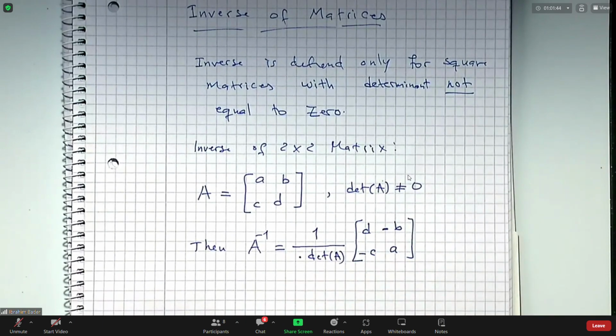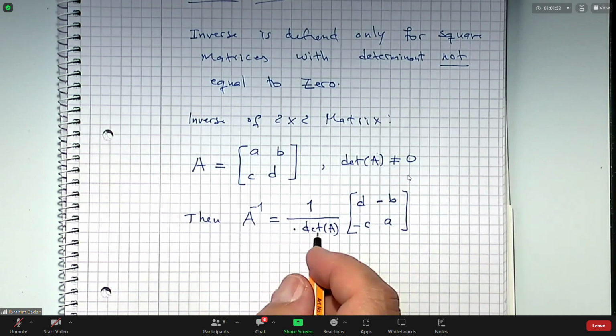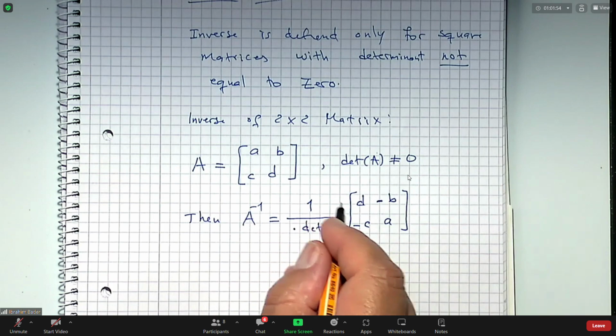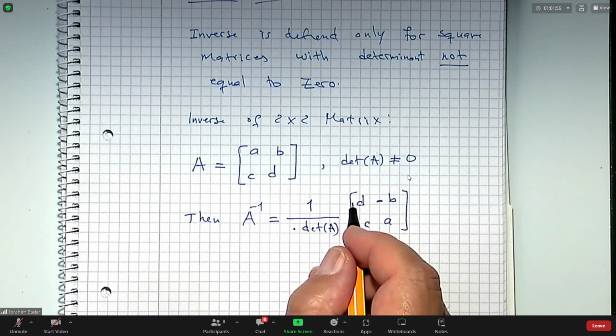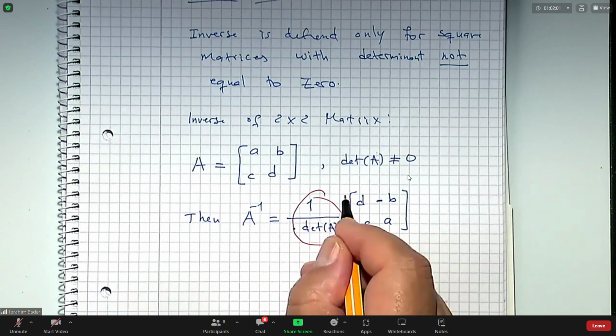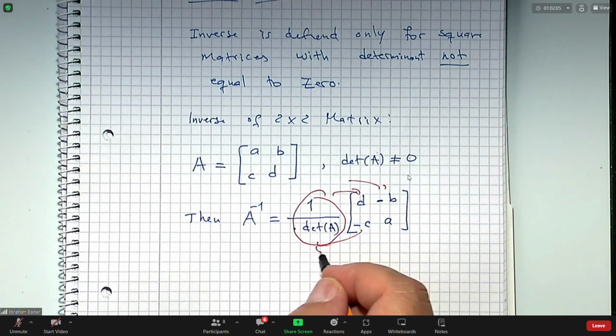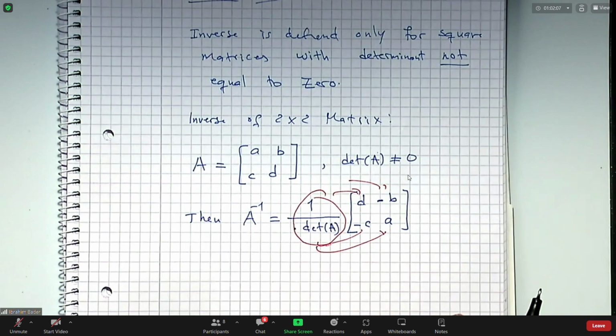Okay, to evaluate the inverse of a 2 by 2 matrix, we evaluate the determinant and multiply with the reciprocal of that, as we defined last time. This is a constant, which means it will be expanded to all elements of my matrix.